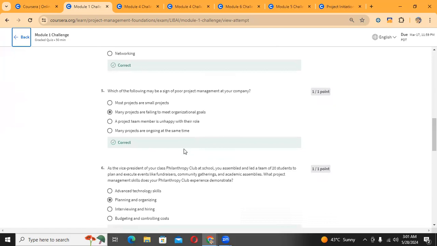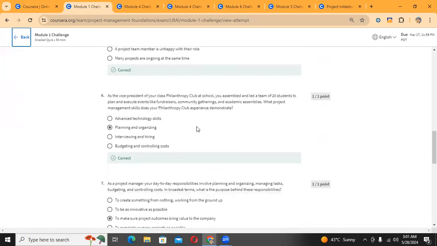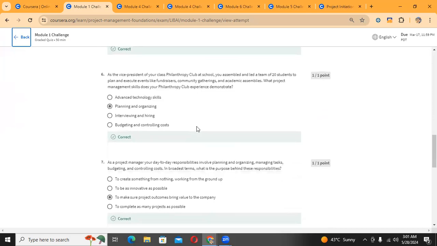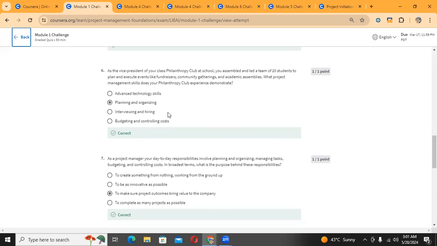In the fifth question, we have watch out for signs of poor project management in a company, such as many projects failing to meet the organizational goals. In the sixth question, from my own experience as a vice president of a school club, planning and organizational skills are crucial, which leads to planning and organizing.